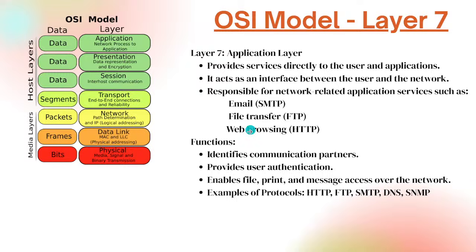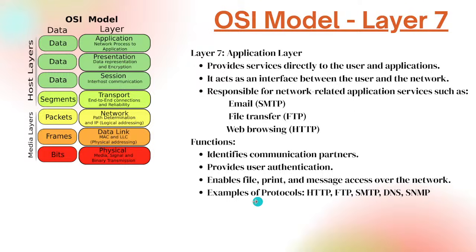So what happens? The application layer identifies the communication partner. It provides user authentication. Also it enables files, prints and messages across the network. The example protocols highlighted here are HTTP, FTP, SMTP, DNS and SNMP.